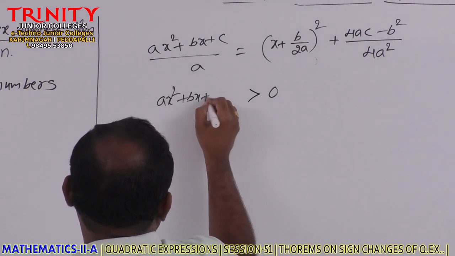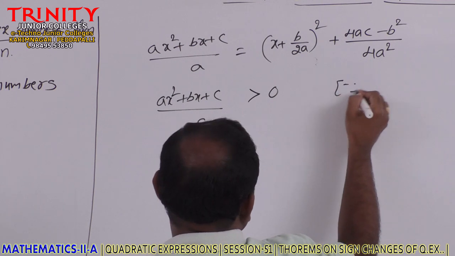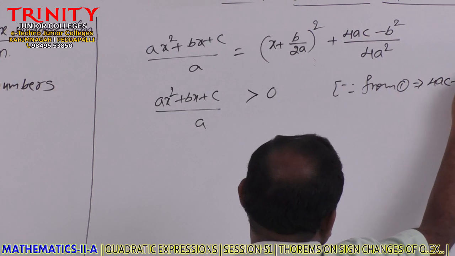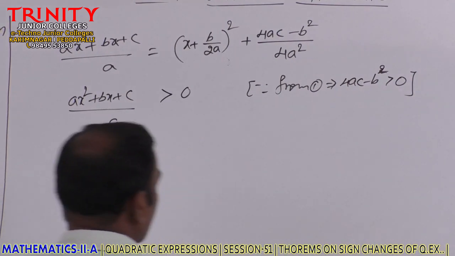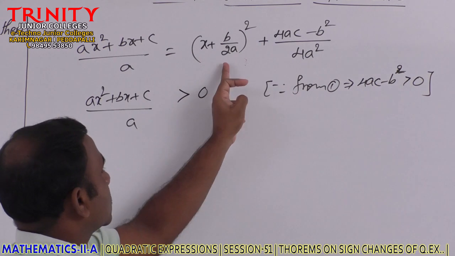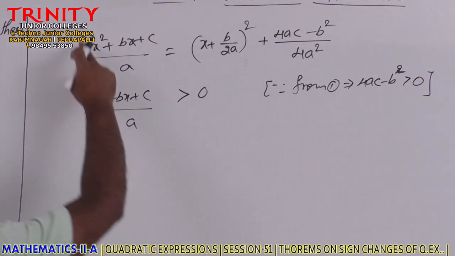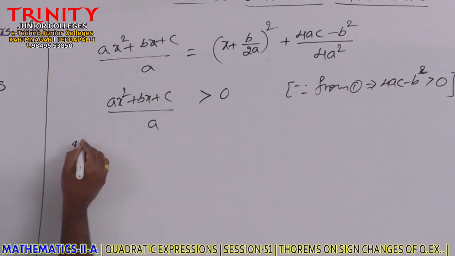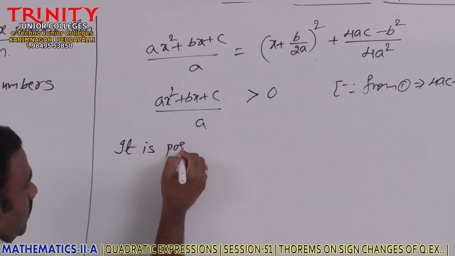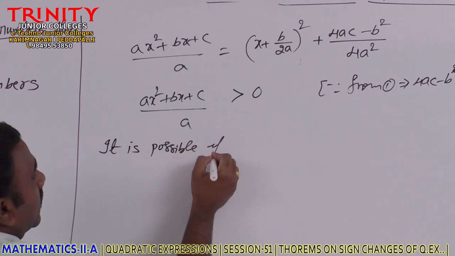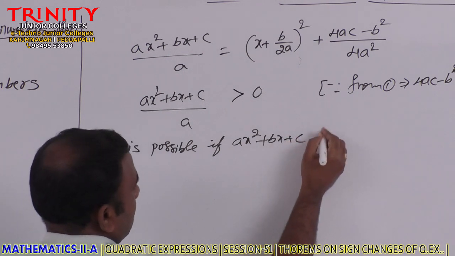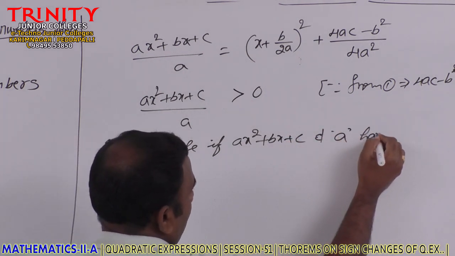Ax square plus bx plus c by a is greater than 0, since from the first equation 4ac minus b square is greater than 0, and this part is always greater than 0. Therefore, ax square plus bx plus c by a is greater than 0. When is it possible? If ax square plus bx plus c and a have the same signs.